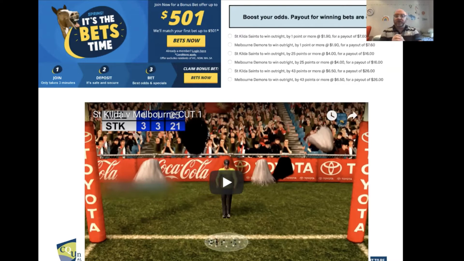And what we wanted to do was give people these different inducements and get them to bet to see what would happen. So we got them into this survey and we gave them the picture in the top right, which is: which team are you going to bet on and how much do you think they're going to win by?